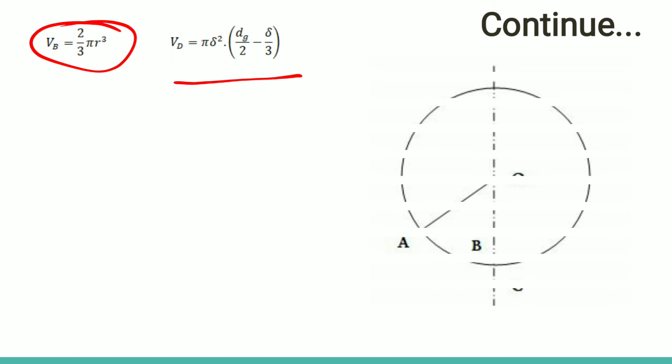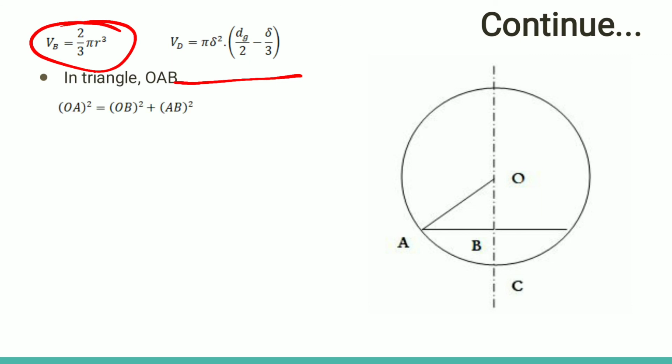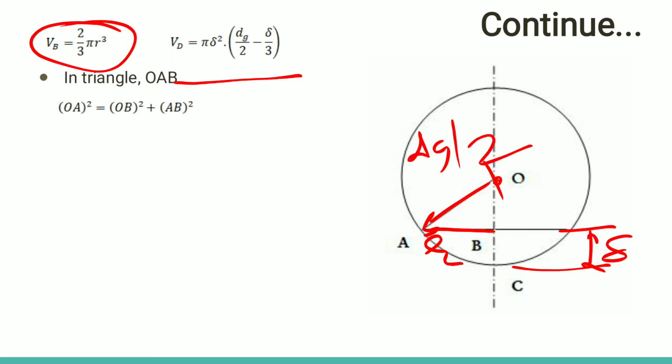Now one important calculation. In case of the brittle material, this is the center of this grit, and AB is radius r, and this is the indentation delta. This is the radius rg, or dg by 2.